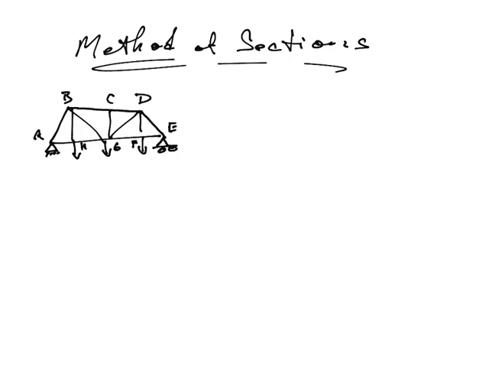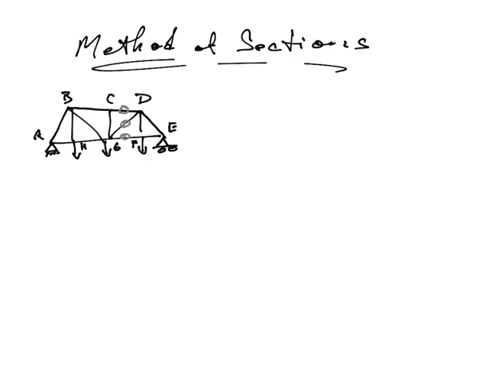So instead of finding all of them, maybe we only want to find 2 or 3. We're interested in one particular part, so maybe we want to know this member, and this member, how much force is running through those 3 members. And we don't really care about the rest of them.